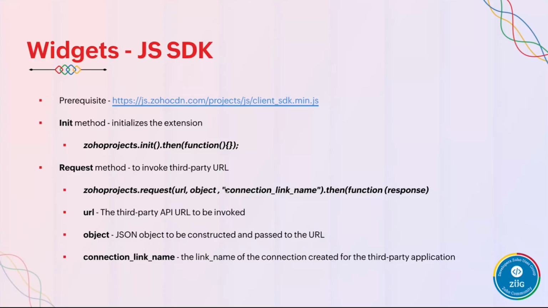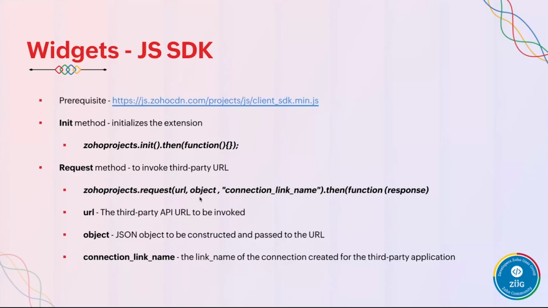So you'll need three important parameters in order to invoke the ZohoProjects.request JSSDK method. So the first parameter is a URL, which is going to be the third-party application's API that is going to be invoked. Then you'll have to pass the object. So the object is nothing but the data that you require in order to invoke the third-party application's API.